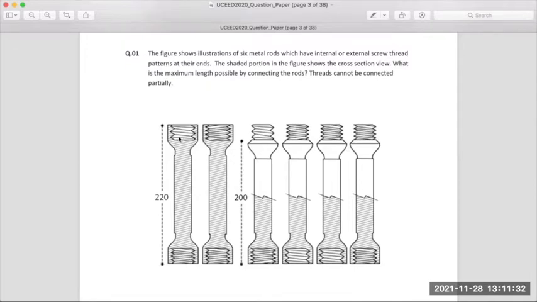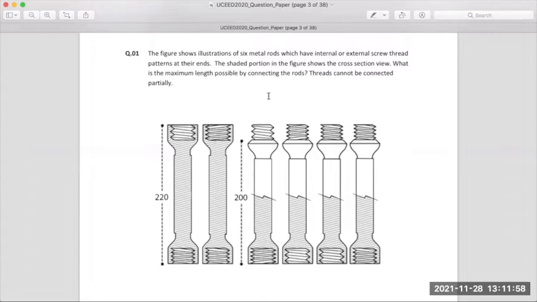The first two rods have just these internal grooves on both sides, whereas the other 4 rods have internal grooves on one side and external points at the other, which fit inside these internal grooves. Is that clear? These are called screw threads.